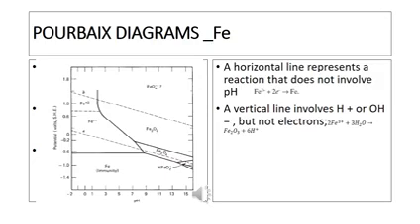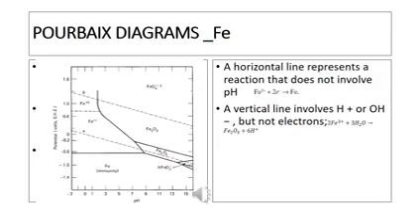Then we have a case where we have a vertical line, and this is around pH 1.75. In this case, around pH 1.75, there is no change in the potential. So this tells us that this reaction does not involve electrons, but it involves the hydrogen plus and the hydroxyl ions, and that's the region.